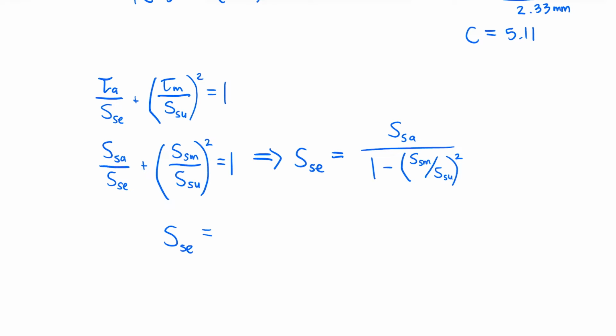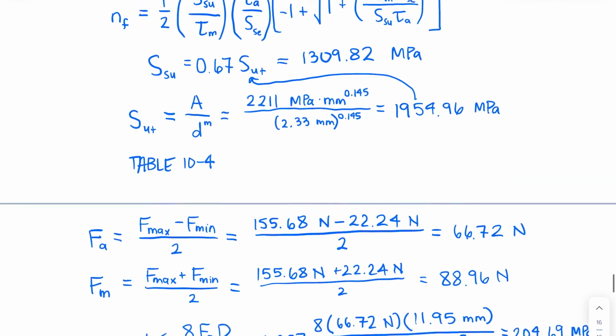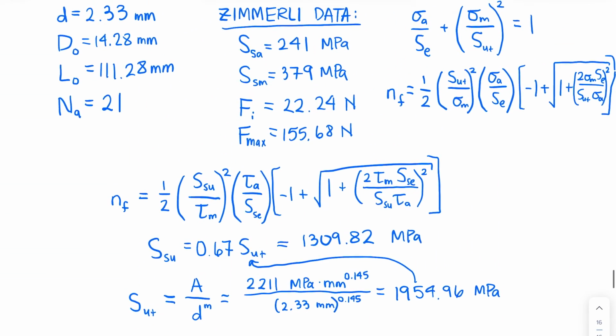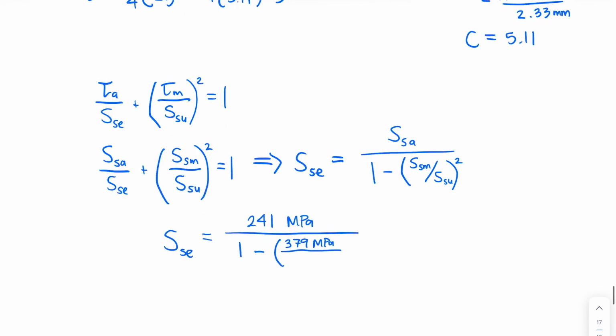So it's going to be 241 megapascals over 1 minus 379 megapascals over, what was my torsional modulus of rupture? 1309.82.